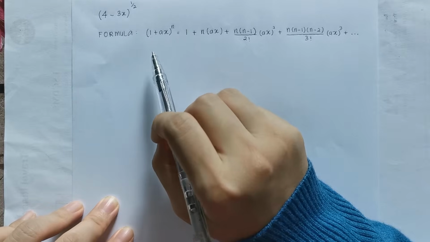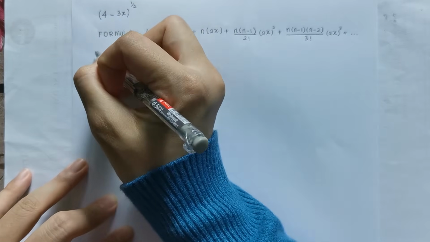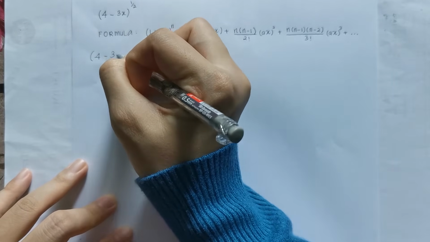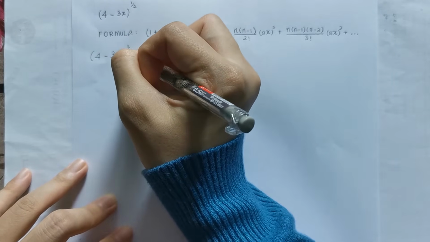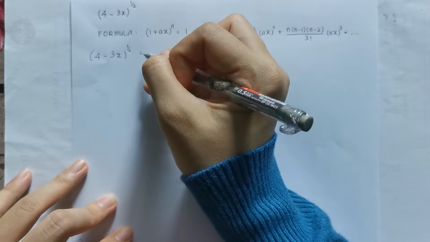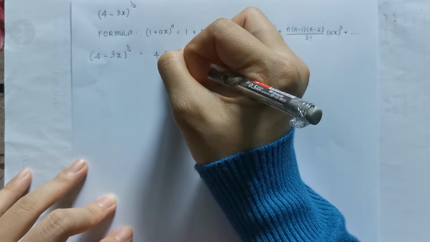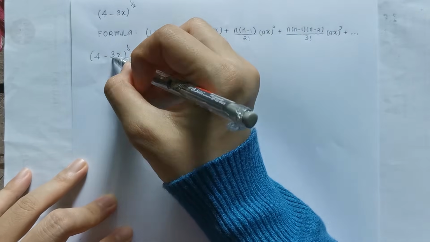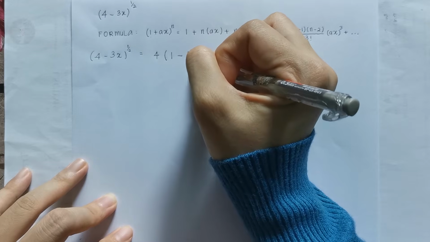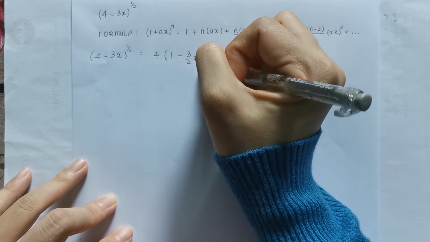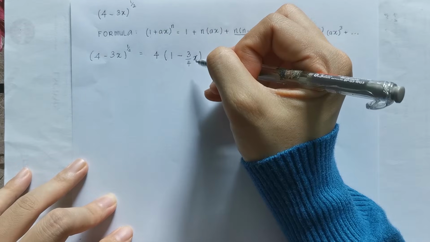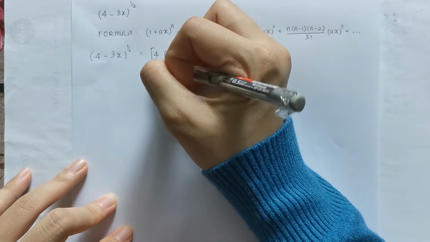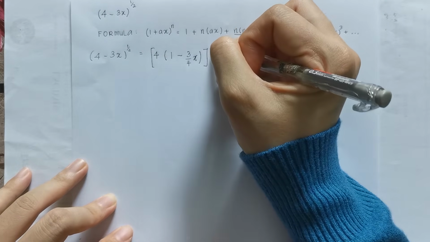What we can do now is take out the 4. So (4 - 3x)^(1/2) is equal to 4 times the bracket (1 - 3/4 x), wrapped in a square bracket with power 1/2.